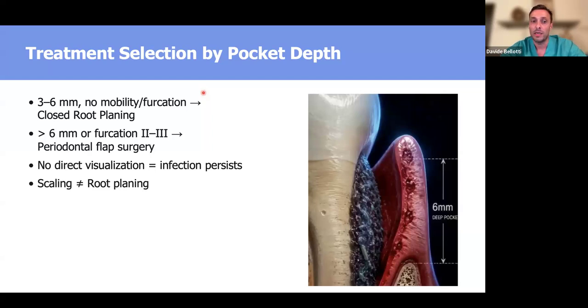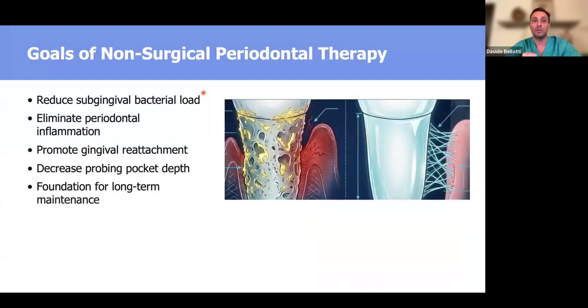So we'll see scaling and root planing are not the same thing. Scaling is on the crown or subgingival scaling, and root planing is on the cementum. So what's the goal of this non-surgical periodontal therapy? Closed root planing reduces subgingival bacterial load.